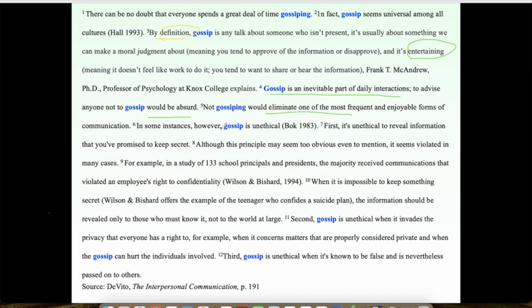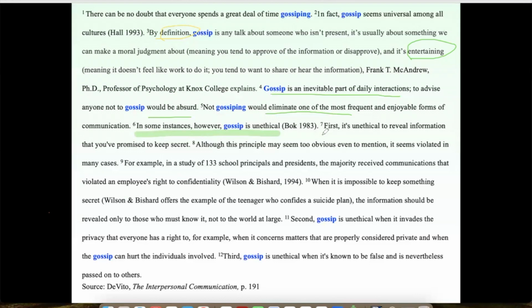Now, here is the most important part of it. In some instances, it is unethical. That contains the main idea. Why?